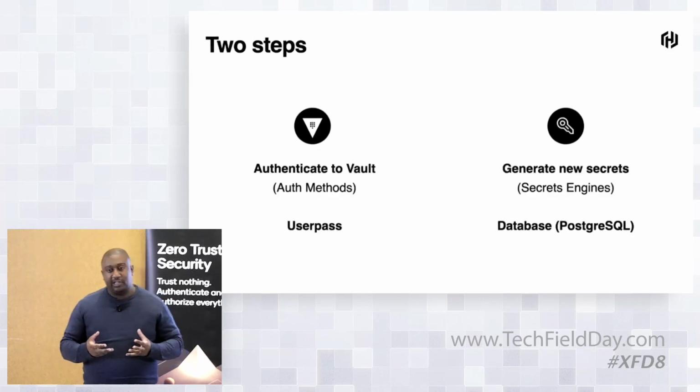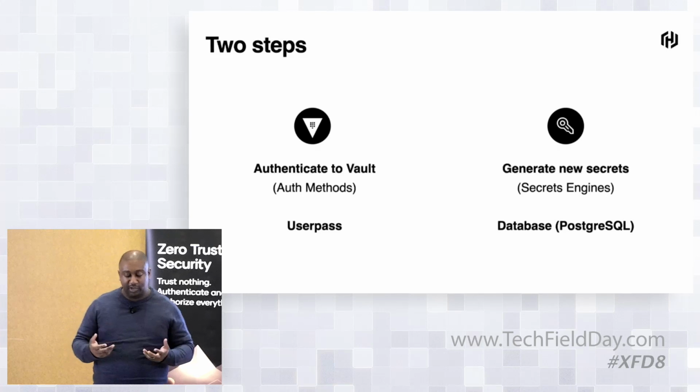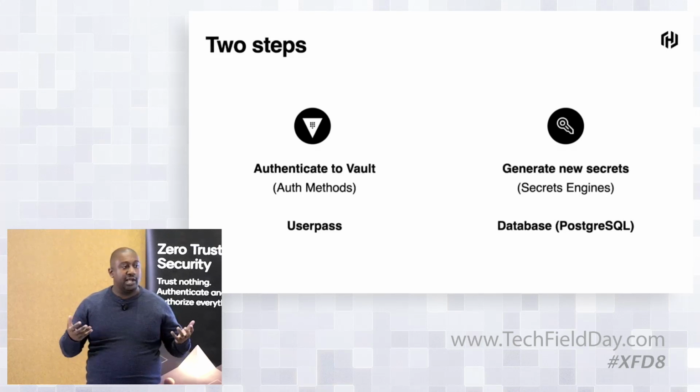So if we look specifically at the demo that we're going to be doing today, just for the sake of the demo and to make my life a bit easier, I chose an auth method that we call userpass, which is essentially username and password, right? If you're on Kubernetes, you can use a Kubernetes auth method, for example, that will use a Kubernetes service account.